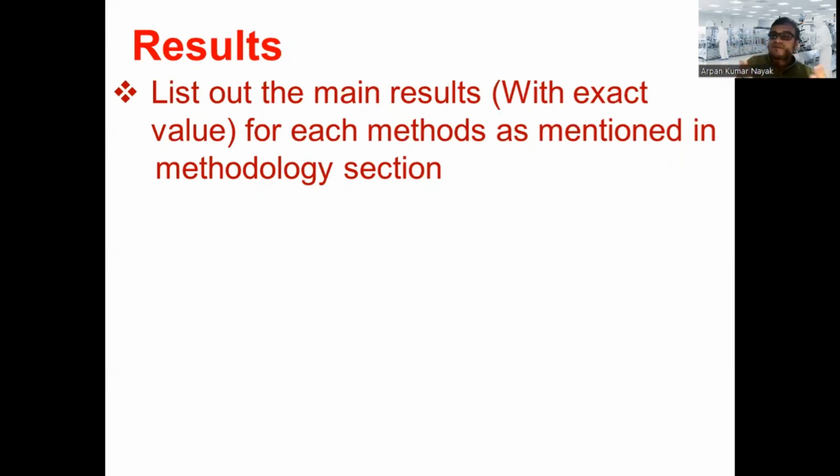For those who are doing experimental research, suppose they prepared 10 samples or 12 samples, or fabricated 12 devices, and performed all of them. Among them, the best one, how much they got, the lowest one, how much they observed, the final result, they have to list out and put it here.